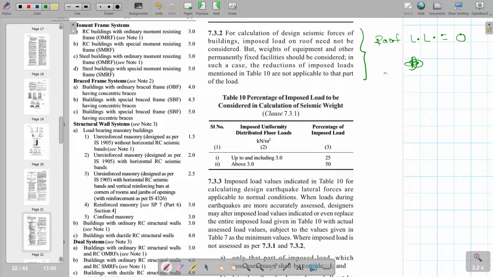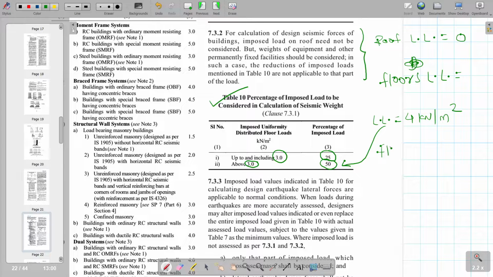For other floors, Table 10 gives the percentage of imposed load to be considered in the calculation of seismic weight. If your live load is 3 or less than 3, you consider 25%, and if it is greater than 3, you consider 50%. Our live load is 4 kilonewton per meter square, so we have to consider 50%.